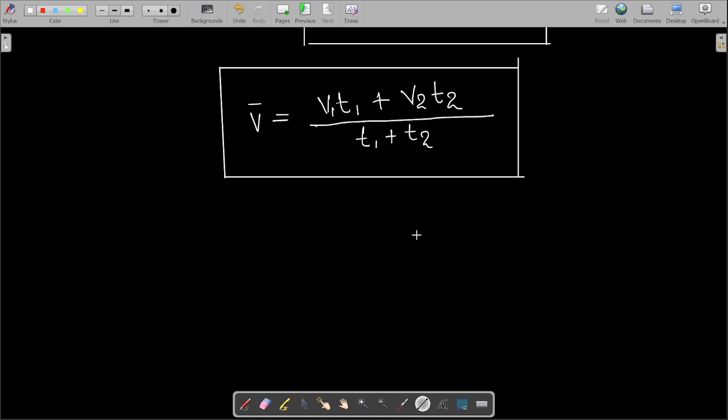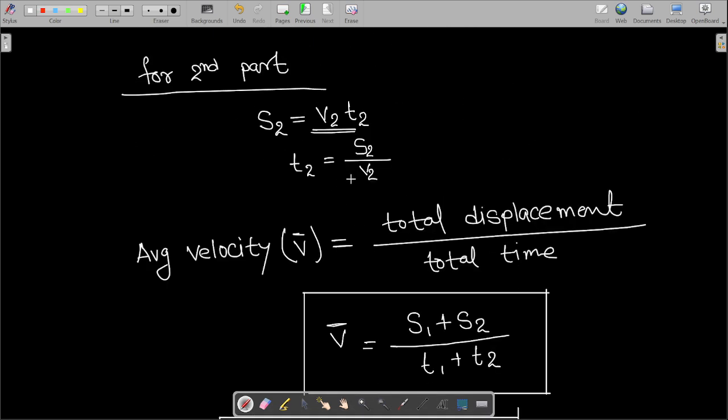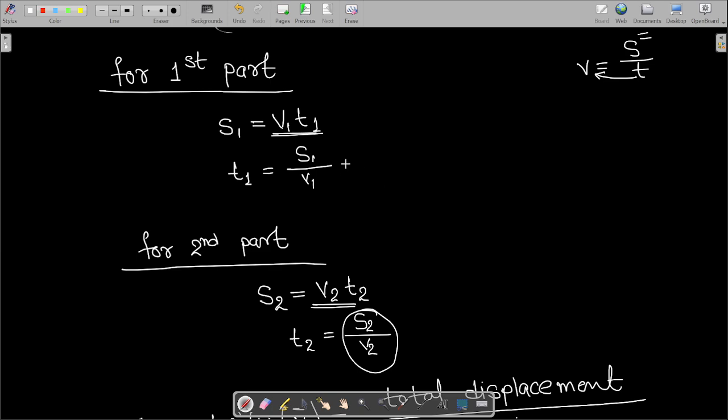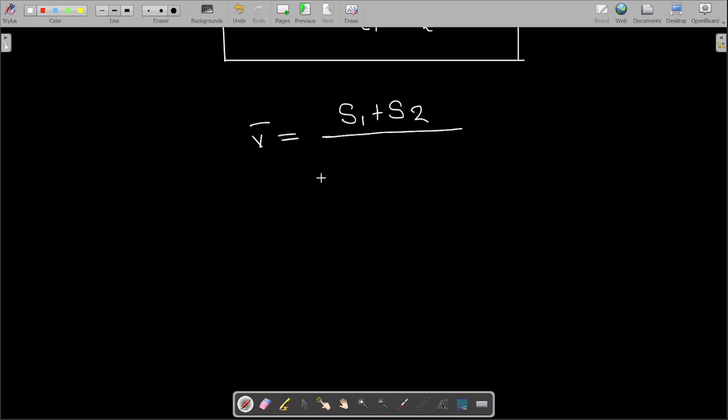Now tell me, can I write s1 plus s2 upon, replacing t1 and t2 with s1 by v1 and s2 by v2? Yes, sir. Now replace it, that is s1 plus s2 upon s1 by v1 plus s2 by v2.